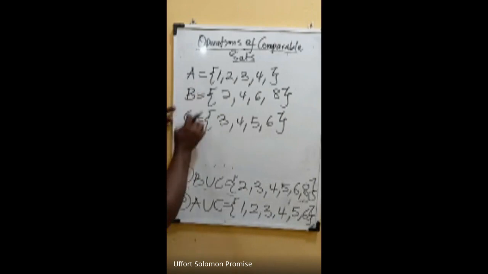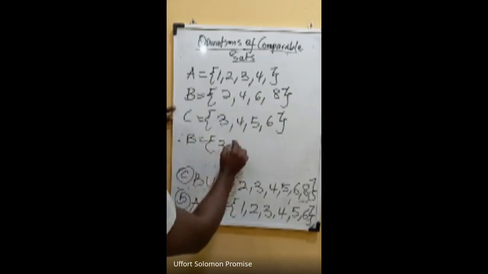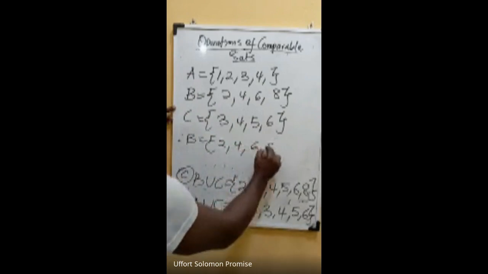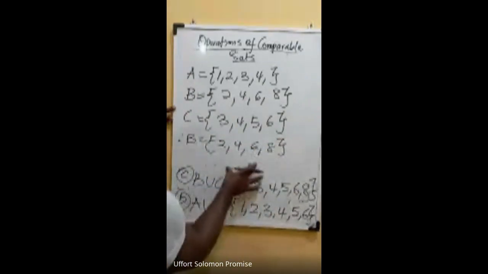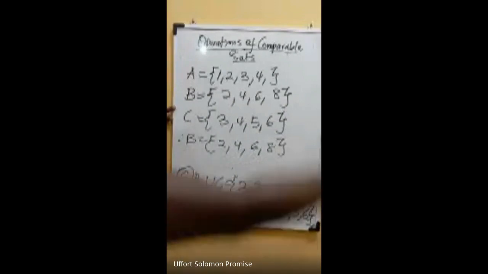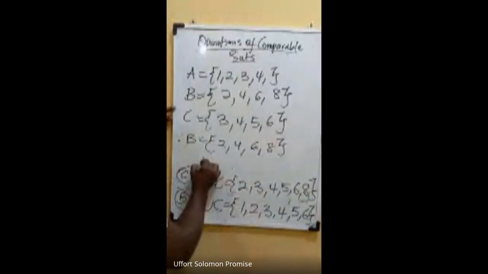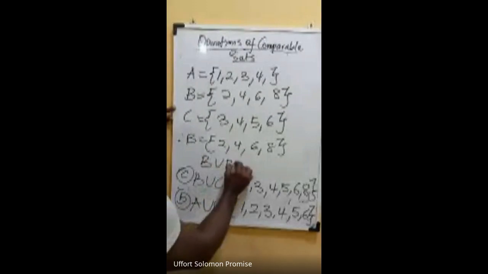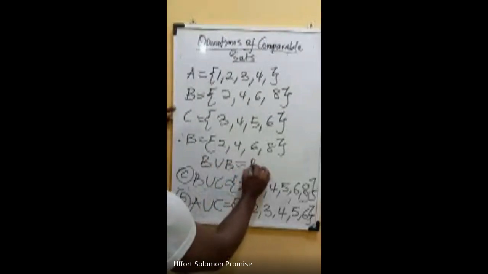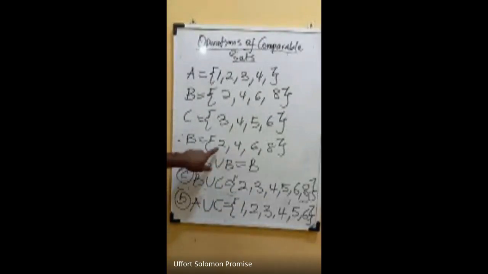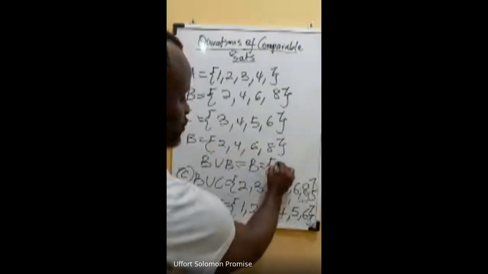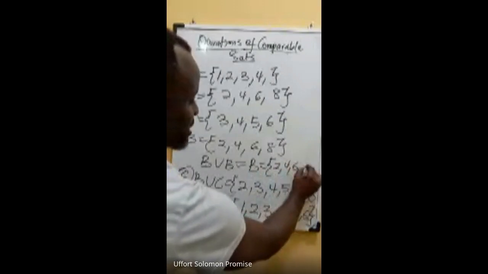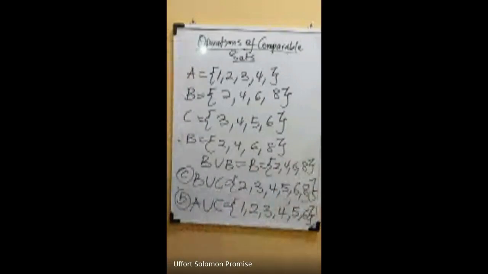So you write the first B, then you write another B. So it's 2, 4, 6, 8 and 2, 4, 6, 8. So B uniting with B is equal to B. What is B? B is 2, 4, 6, 8. Remember we said that elements do not repeat themselves.